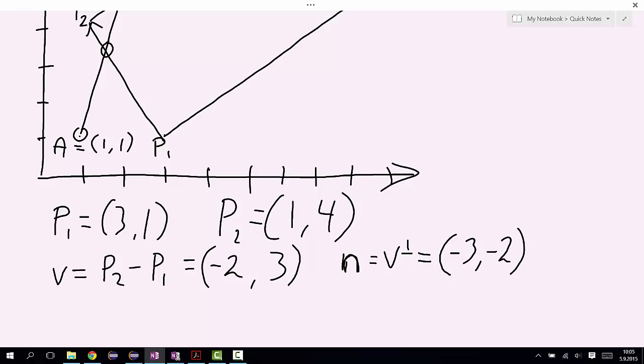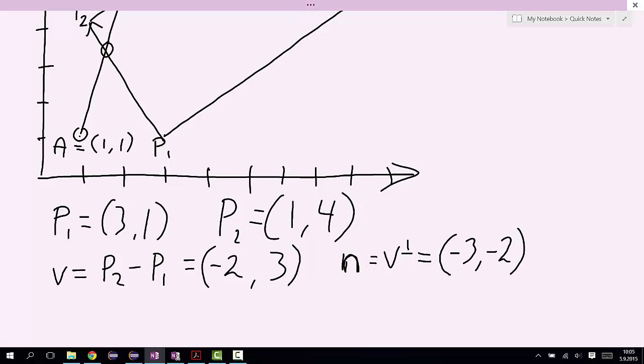We could just as well decide that n is minus V perp if we'd rather use a vector with non-negative numbers. It doesn't matter which normal vector we use.